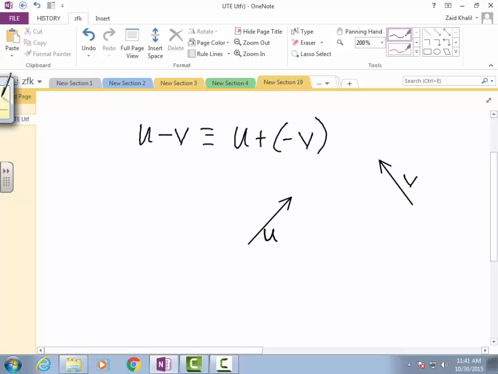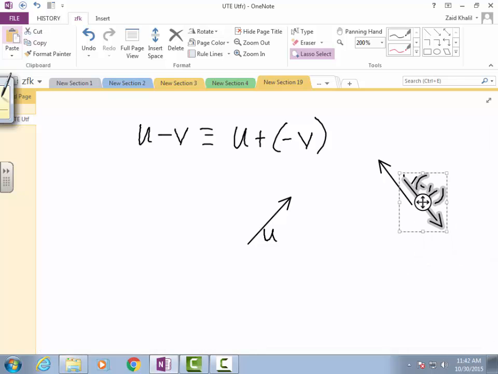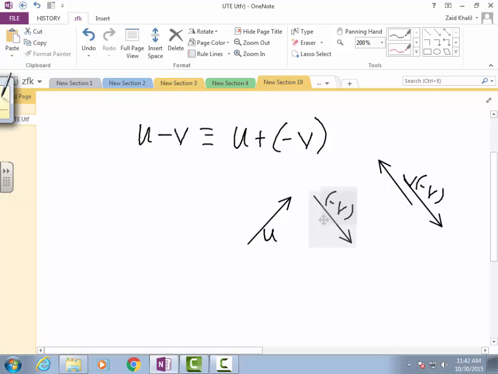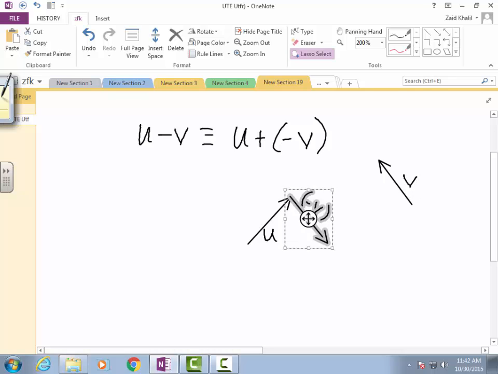Correct. So you take v and you flip it. So this is negative v. And then I'm going to take negative v, copy it, paste it, and translate it to the head of u. And what do you get? You get this new vector.